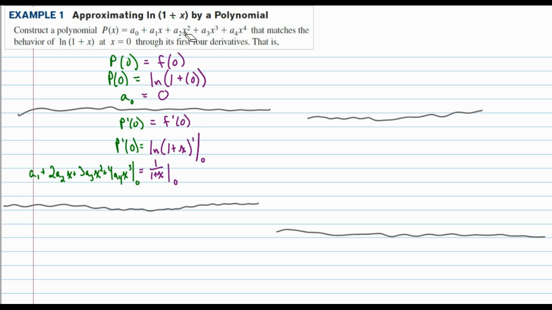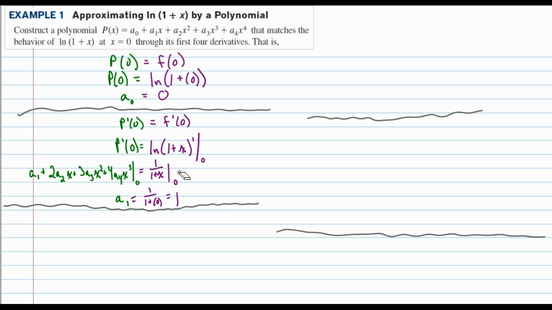The derivative of a sub 2 x squared is 2a sub 2 x to the first. The derivative of a sub 3 x cubed is 3a sub 3 x squared, etc. And the derivative of the natural log of 1 plus x is 1 over 1 plus x. Now we evaluate both of those at 0. On the left side, the polynomial leaves us with a sub 1. On the right side, f prime evaluated at 0 is 1. So now a sub 1, that coefficient, is going to be 1.